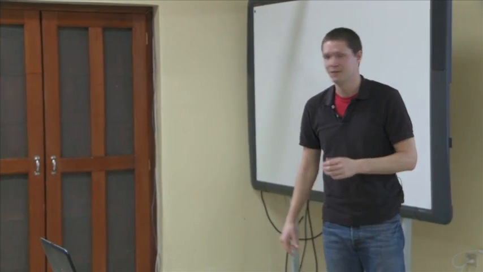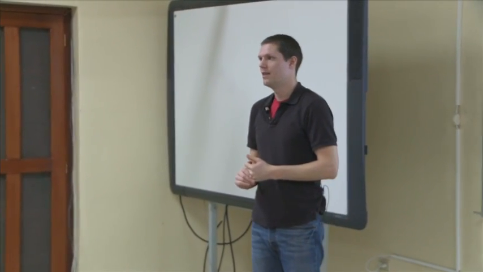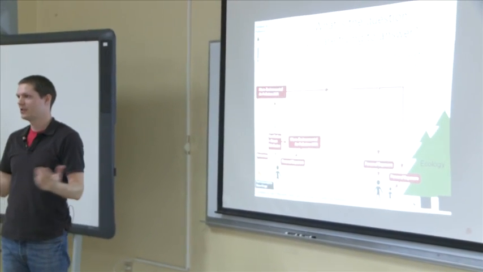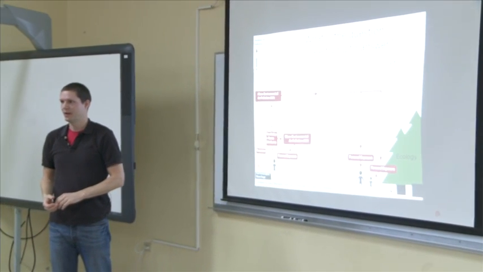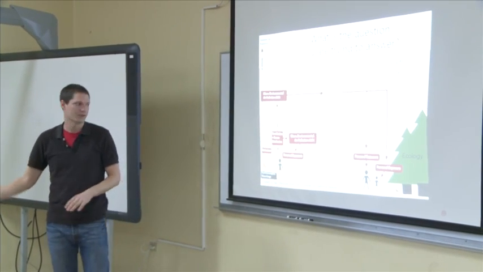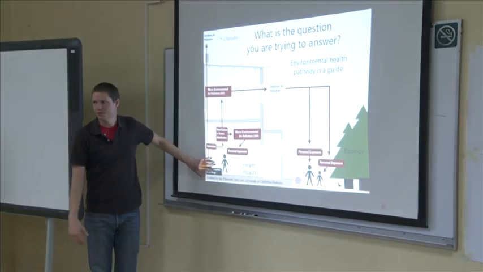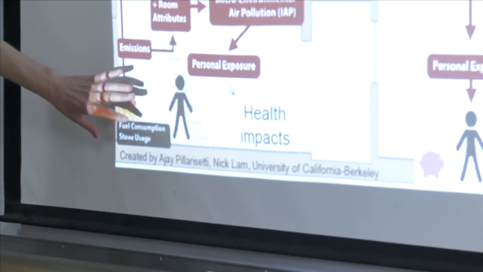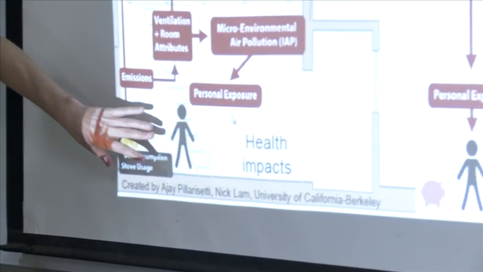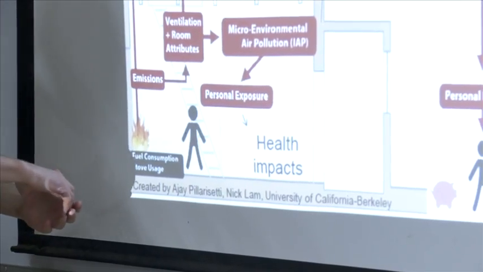This is a slide that many of you have probably seen, an abstract diagram of the environmental health pathway, which links the source of the pollution to the impacts it has. So when we think about stoves, we're always focused on this technology down here in the corner, the fuel and the technology, or this little system. But the impacts arise when they go through this whole system.